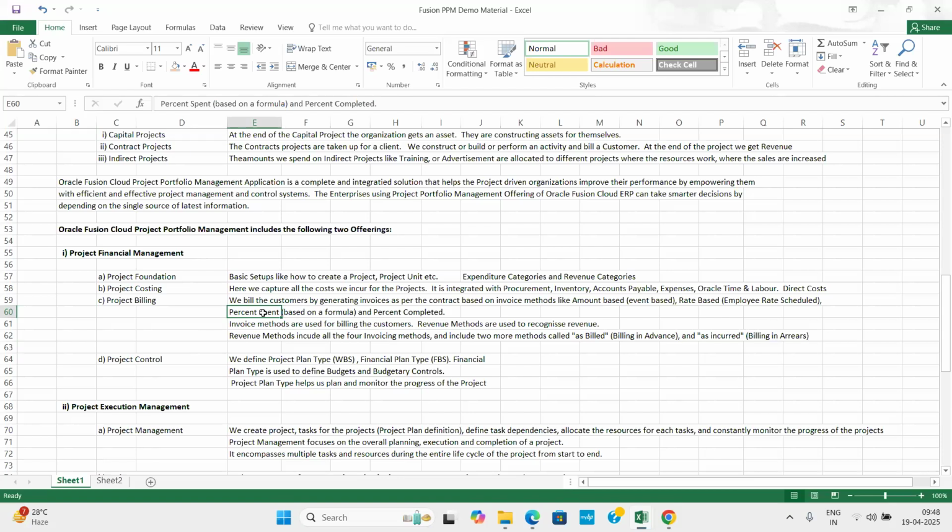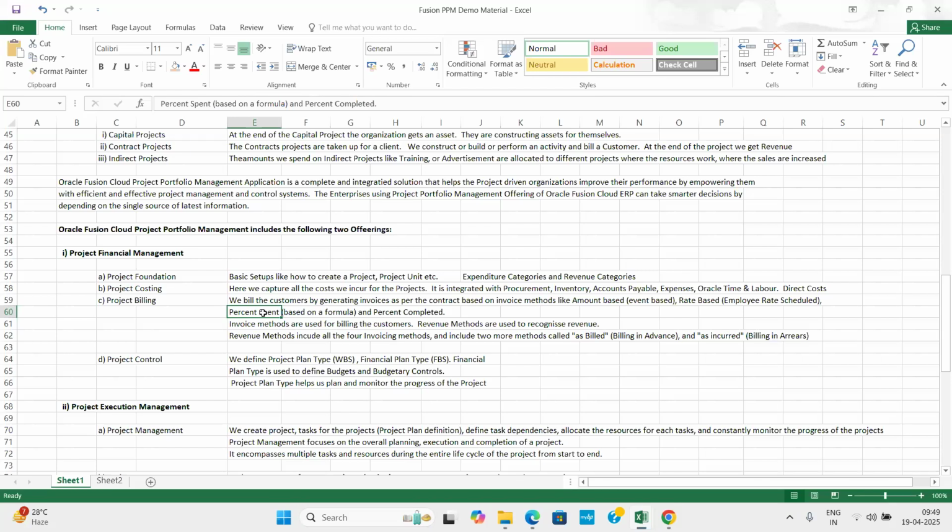If the contract is for $100,000 and 75% is completed, I am entitled to 75% billing, so I will raise an invoice on you for 75%. What you previously paid is deducted, and you pay me the balance up to 75%. Invoice methods are used for billing the customers, how you bill the customer, and revenue methods are used to recognize our revenue.